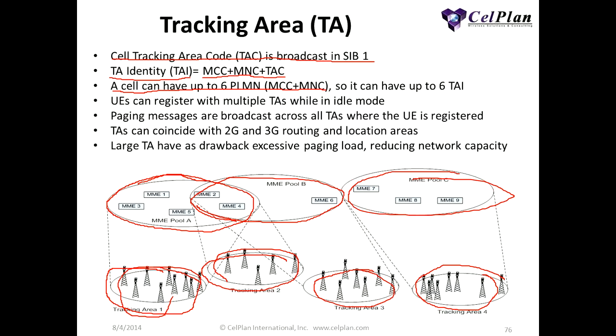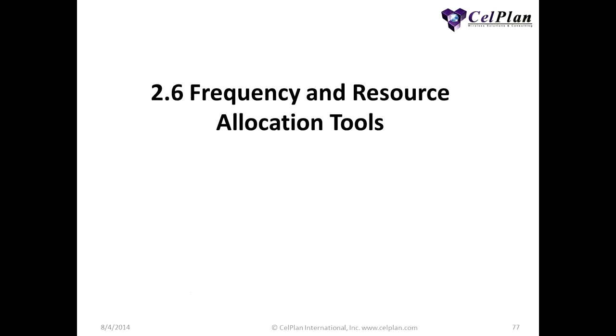Because 3GPP allows a cell to have 6 PLMNs, you can have up to 6 TAIs per cell. And the UE, that's very important, can register with multiple TAIs when it is in idle mode, because if it is at the border between two TAIs, it may register here and here at the same time. So it will get paging messages on both.